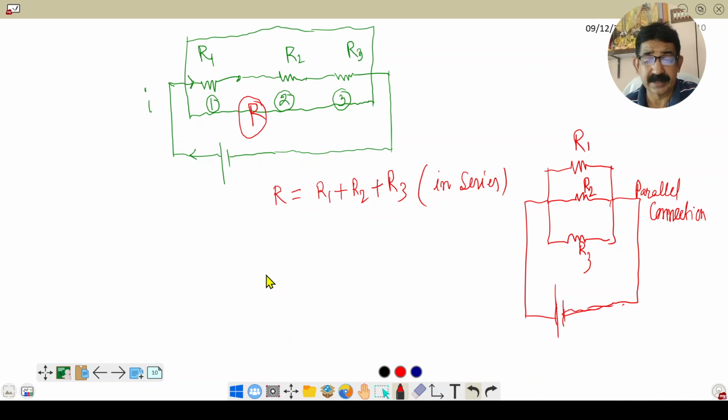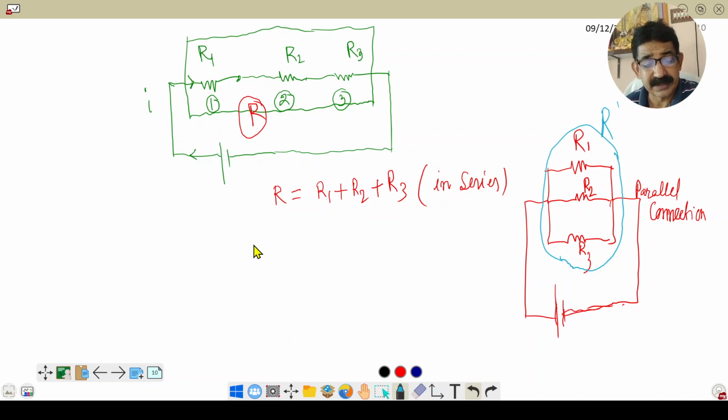In case of parallel connection, if these three resistances are replaced by a single resistance R, which contributes the same effect as the three resistances separately, then this resistance will be called the equivalent resistance of these three resistances connected in parallel.